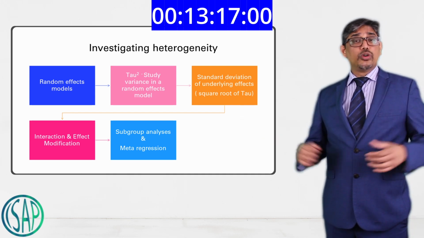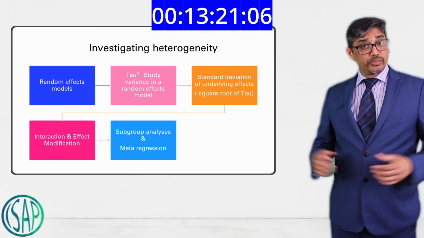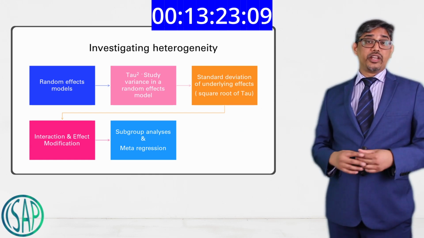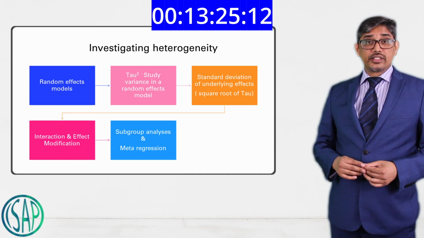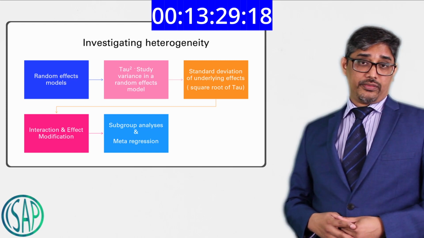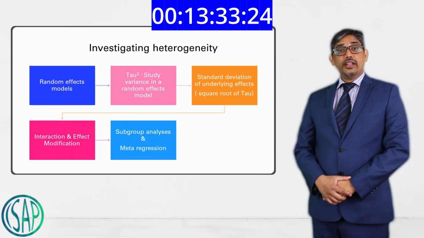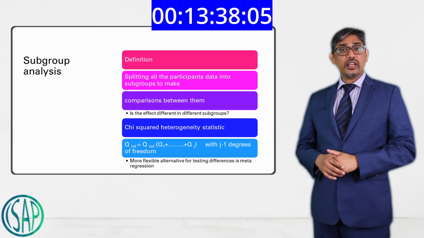But you can't do all this all the time because you may not have that many input variables, or you may not have that many outcome measures reported in the studies. The next step is to do a subgroup analysis or a meta-regression. What is meant by subgroup analysis? The subgroup analysis is nothing but dividing the included studies into homogeneous groups of interventions and outcomes.